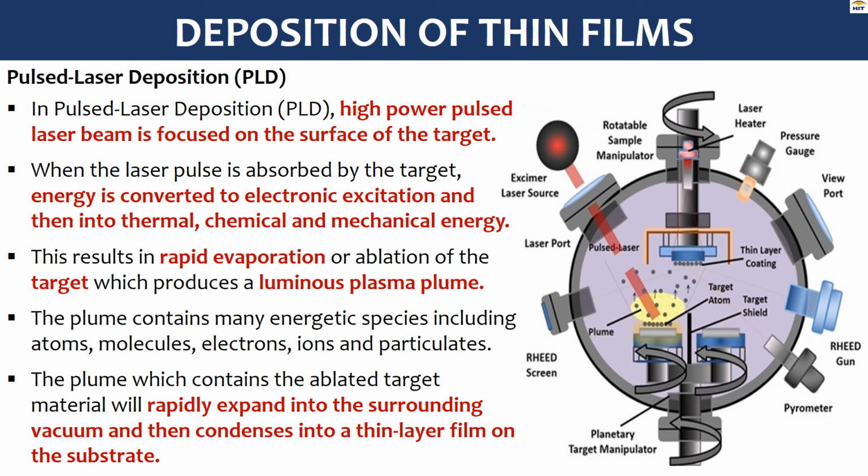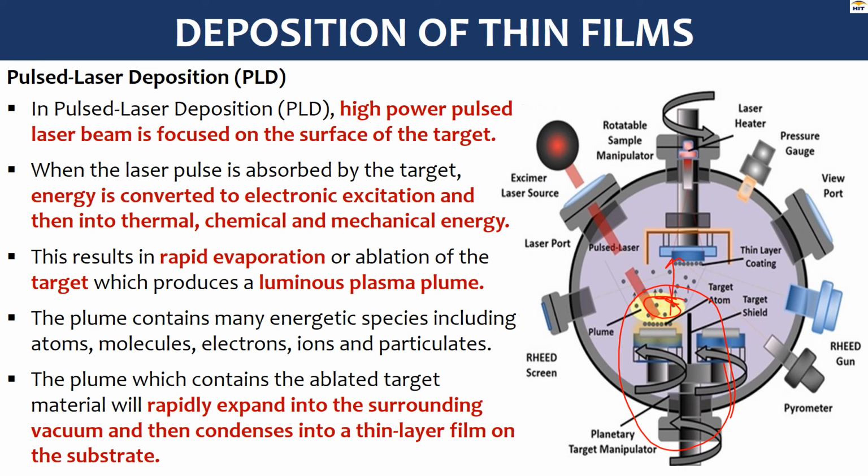Then you've got pulsed laser deposition. In this process, you've got the source of your high power pulsed laser beam, which is focused on the surface of the target here. The energy is then converted into electronic excitation and then thermal, chemical, and mechanical energy.